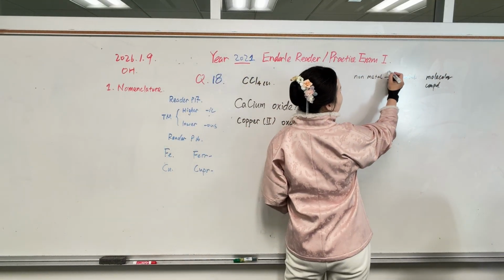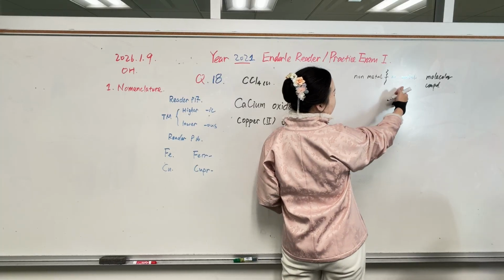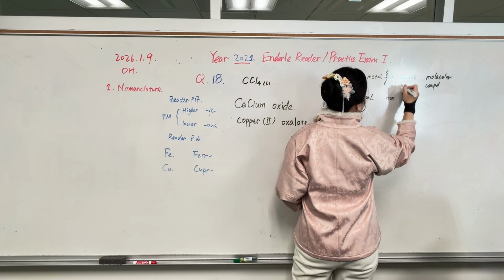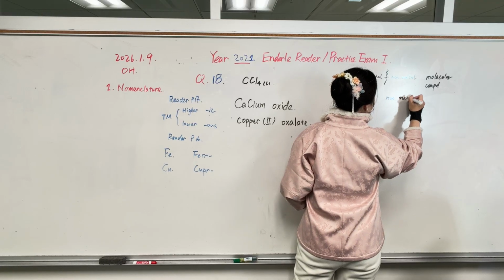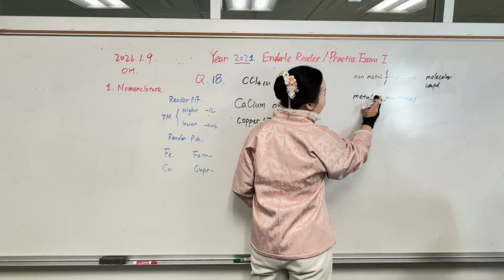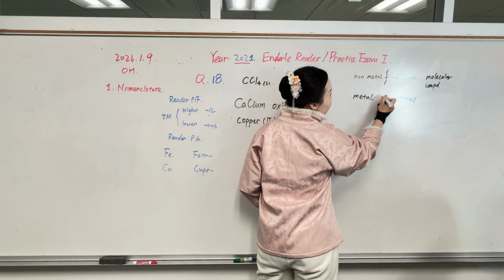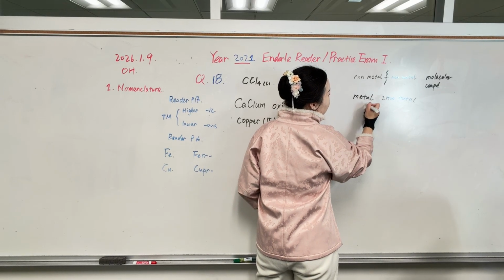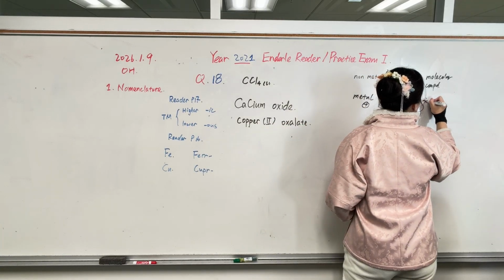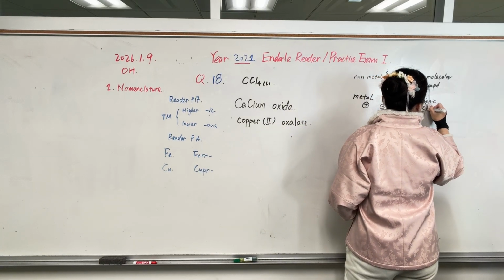I'm talking about the bond between them. If it's metal and non-metal, the bond between them can be formally shifted to positive and negative. This is called an ionic compound.